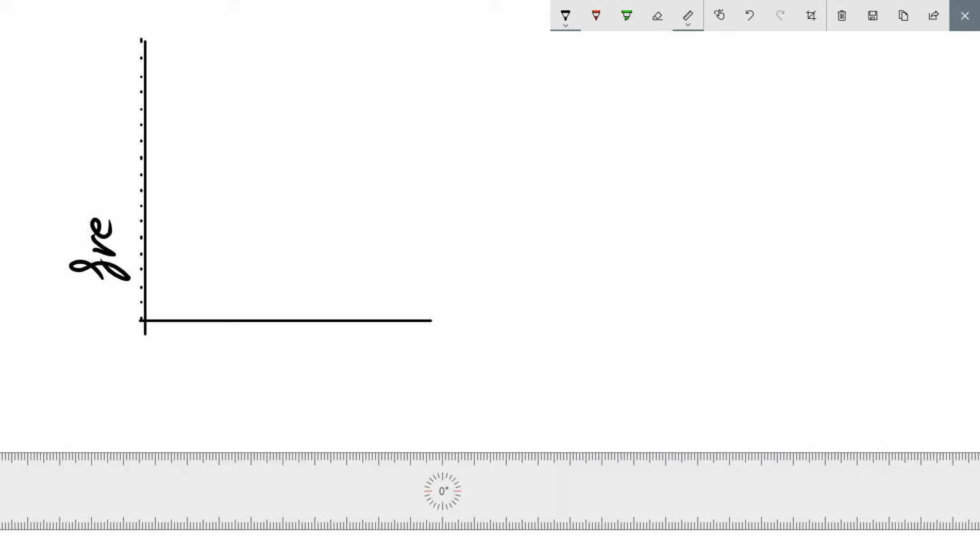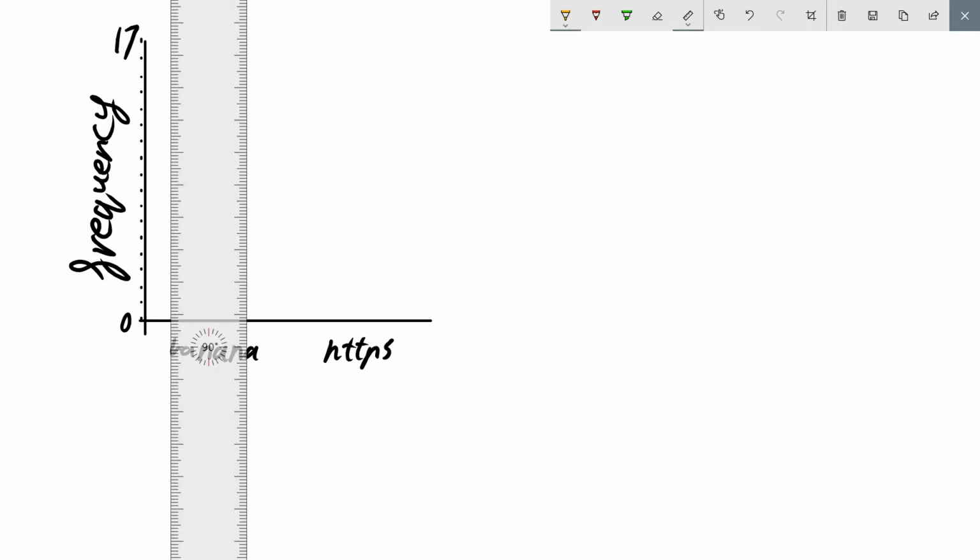Using the frequency table, you can make a bar chart or column graph to represent the data. Both of these graphs are the same, they've just got two different names. Start with a frequency bar chart, which has the frequency on the vertical axis. If it was a percentage bar chart, we would have the percentage on the vertical axis.